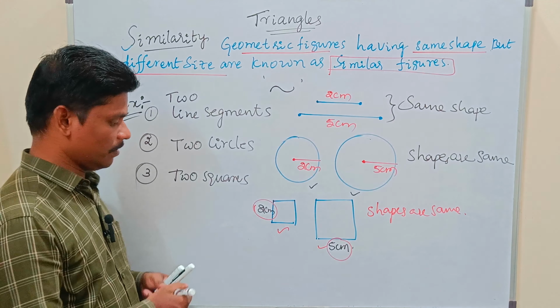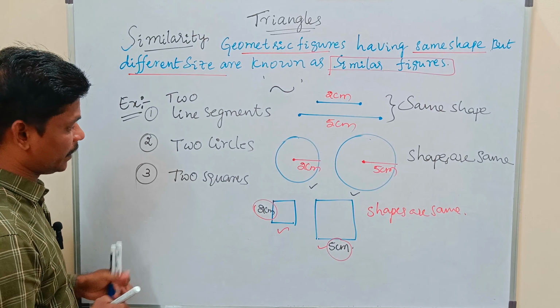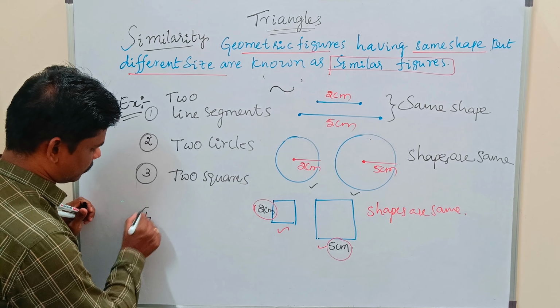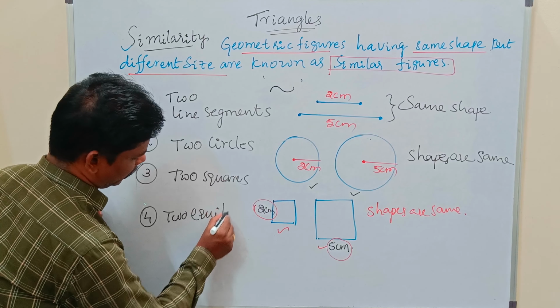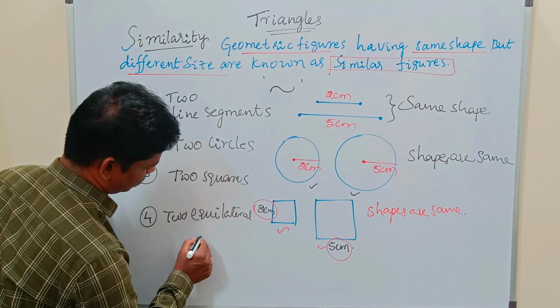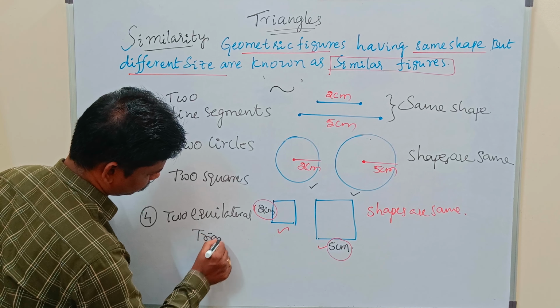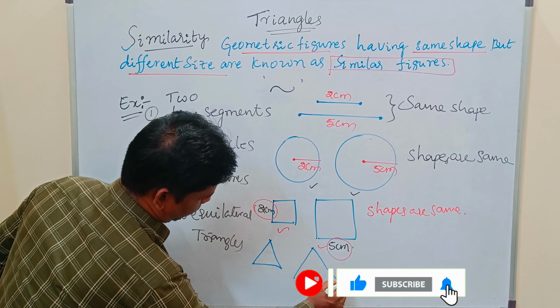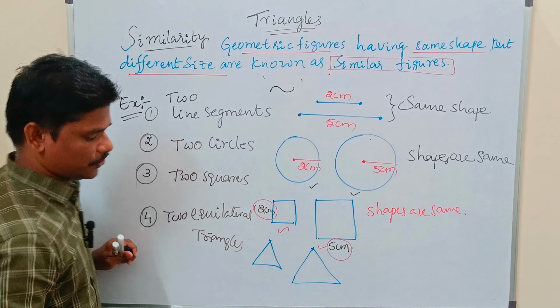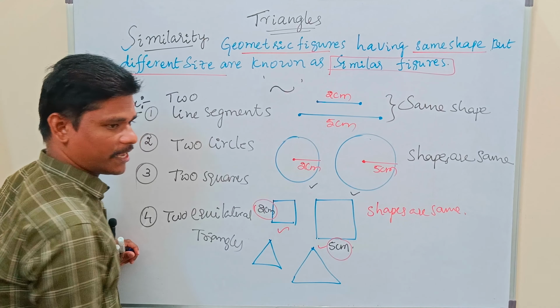Suppose you take two equilateral triangles. This is one triangle and this is another triangle. Observe here, the shapes are same.